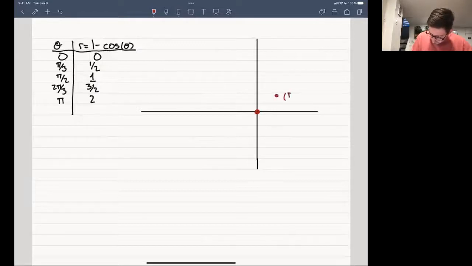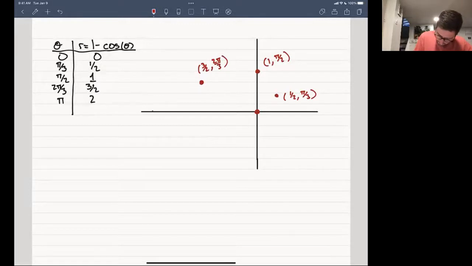Let's say at a distance of 1/2 and an angle of pi over 3. And then up here, you're at a distance of 1 and at an angle of pi over 2. And then at 2 pi over 3, maybe here. This is certainly going to be a sketch. You're at a distance of 3 over 2 and an angle of 2 pi over 3.